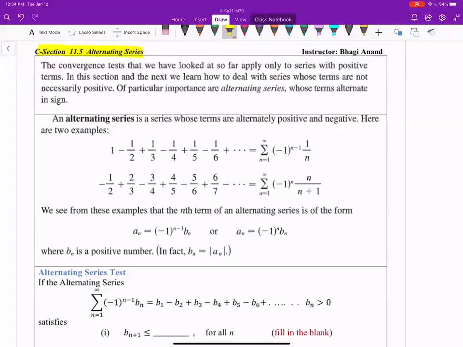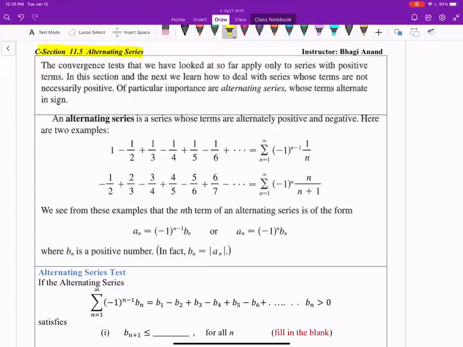and then we also learned how to test the convergence or the divergence of a series by some of the techniques in these sections. The techniques that we learned so far are the test for divergence, then understanding when geometric series and P series converge or diverge, and then how they can be used in the comparison test.